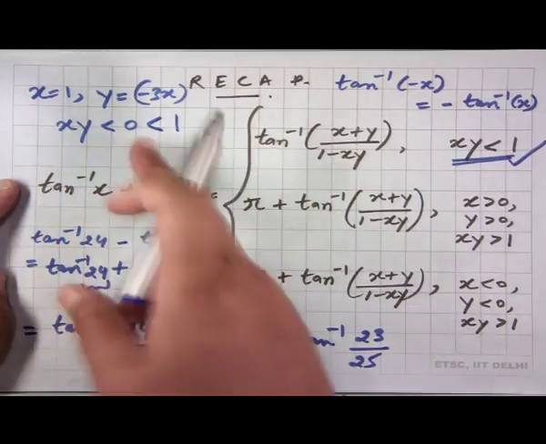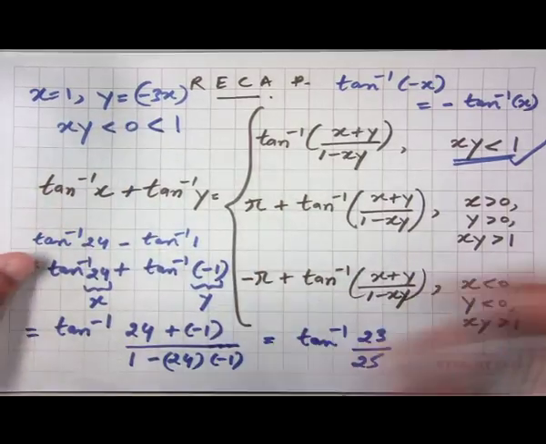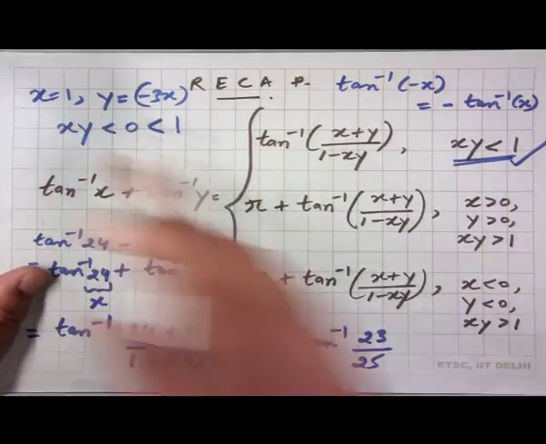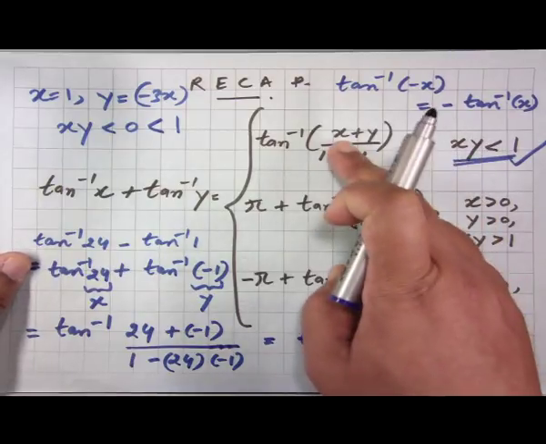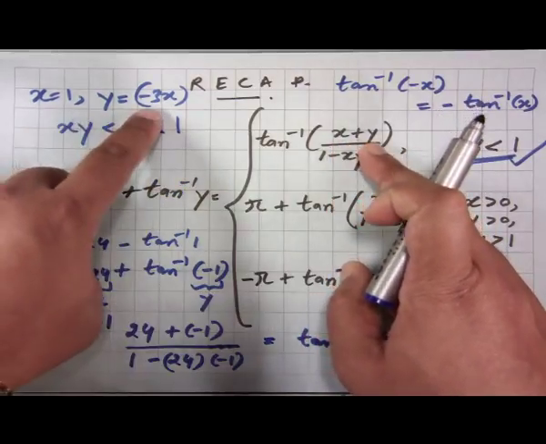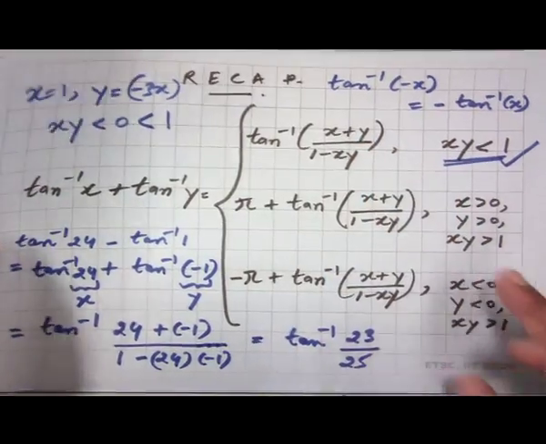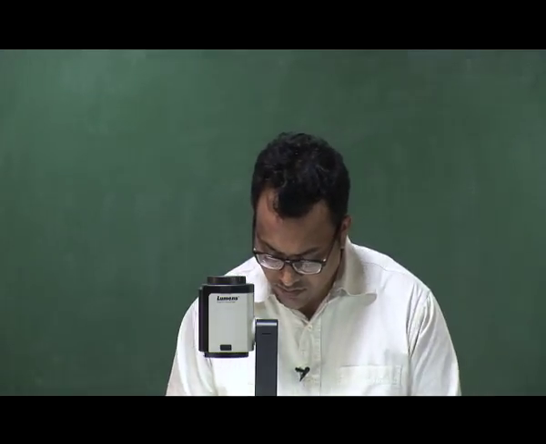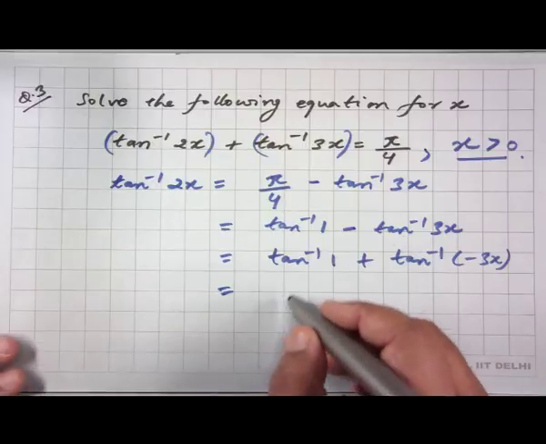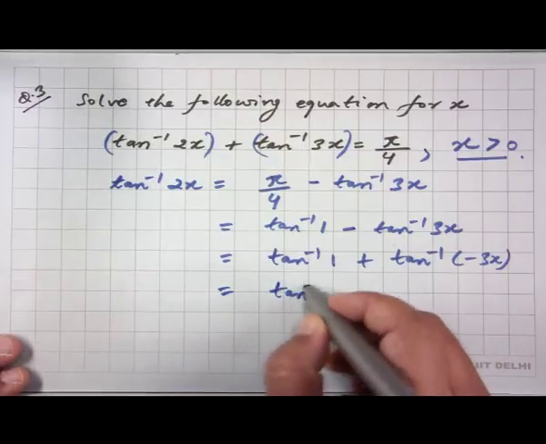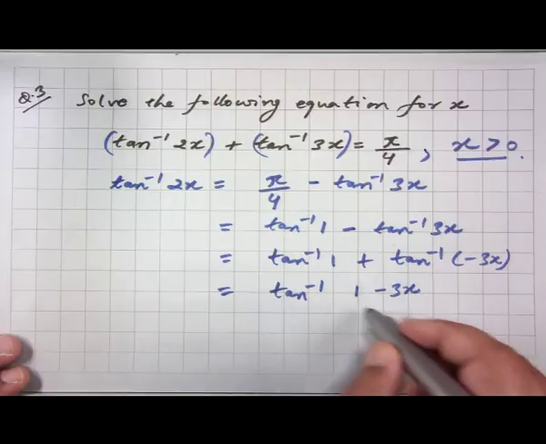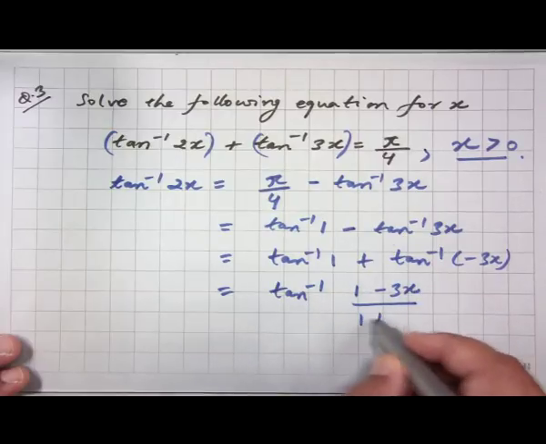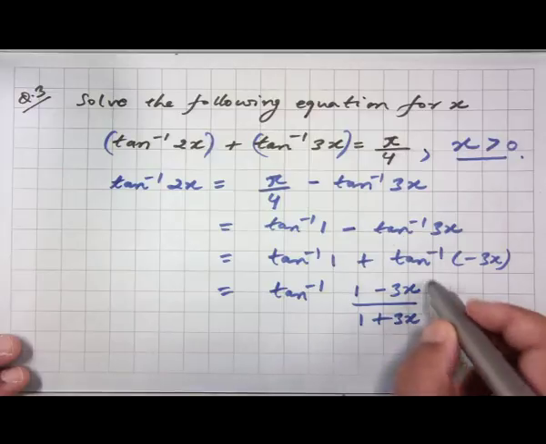So, for our problem x y is less than 1, and therefore, we have to use this particular formula with x equal to 1 and y equal to minus 3x. When we do that, we get the right hand side to be equal to tan inverse of 1 minus 3x over 1 plus 3x.